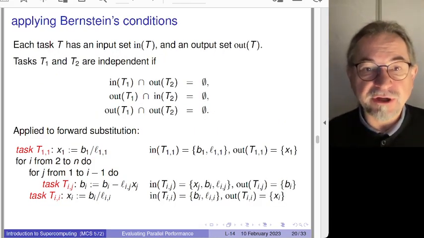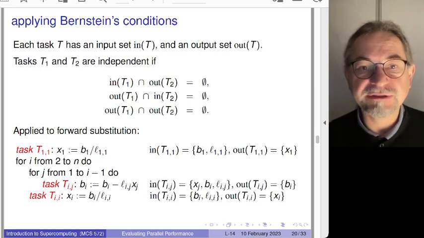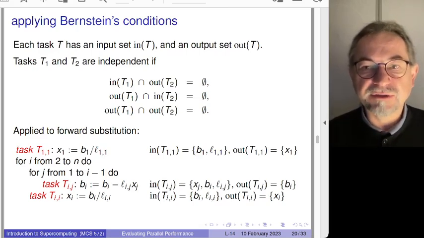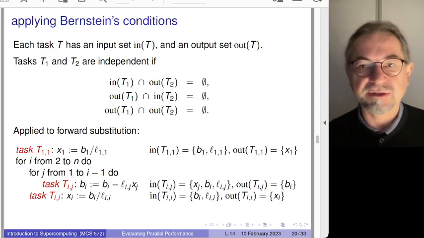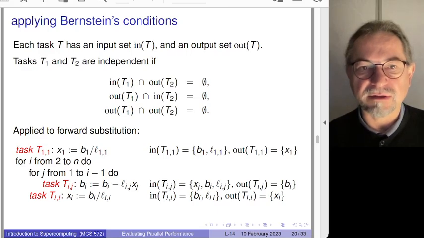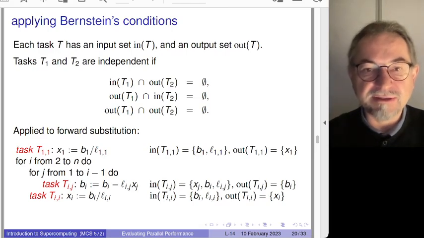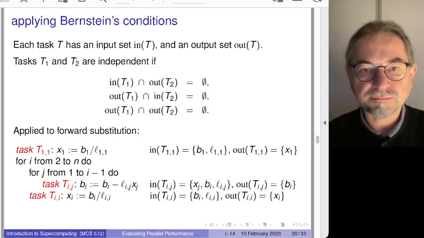We mentioned the Bernstein conditions. So here are the Bernstein conditions again. The Bernstein conditions impose conditions on whether we can run tasks in parallel, and they can be formulated in a very obvious manner: the in and the out. These are the 3 types of conditions.